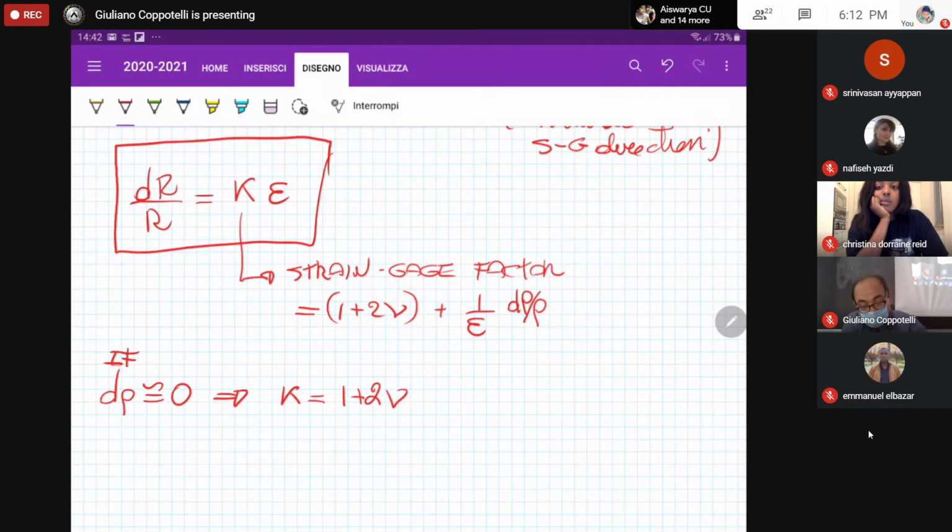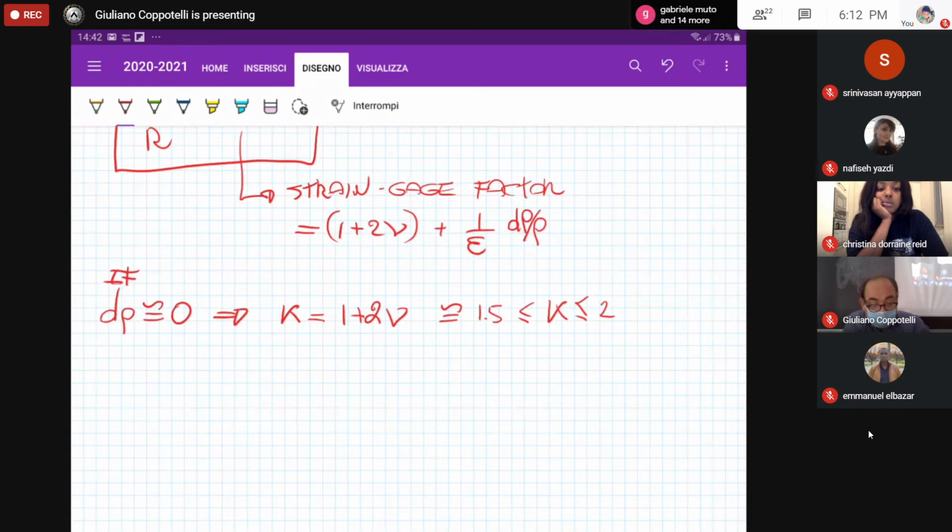And that is very nice because the strain gauge factor is between 1.5 and, let's say, 2, according to the different values of the nu constant. If you assume, for example, nu equal to 0.3, then you get 1.6. And that is constant. That is very nice.